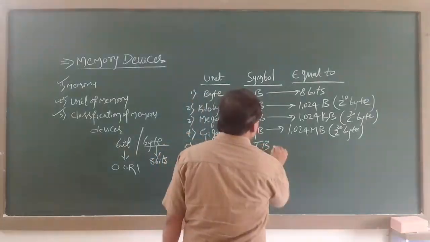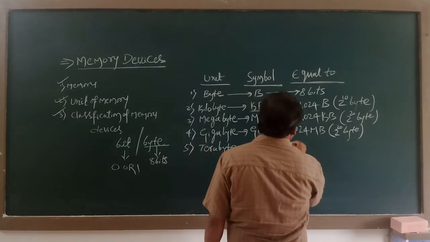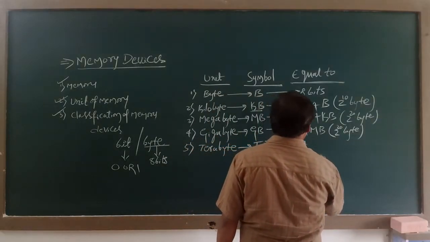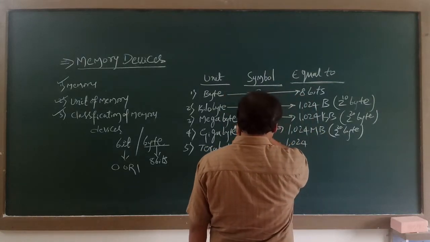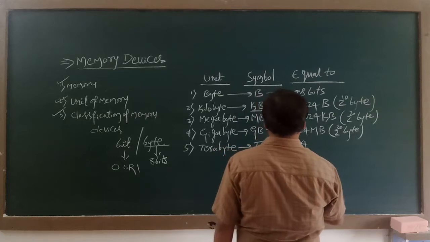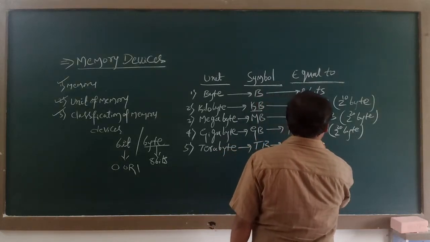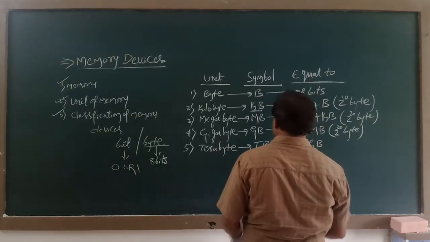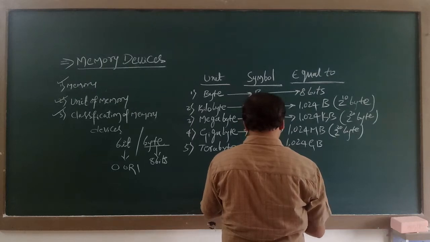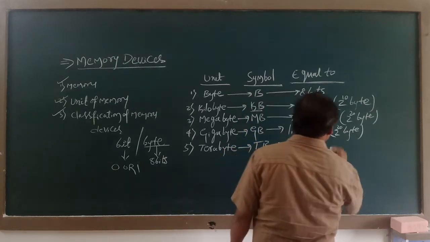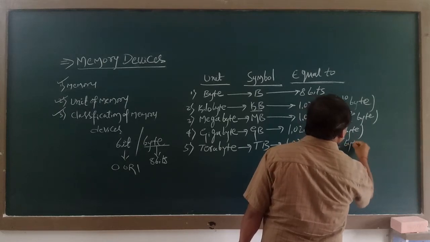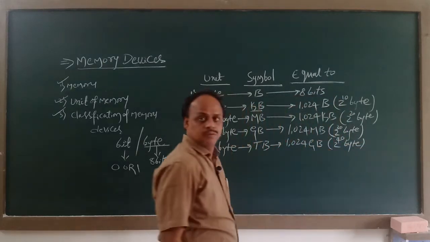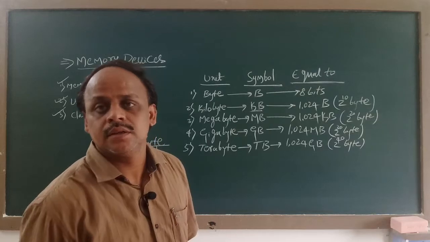TB, terabyte, is equal to 1024 GB, that is 2 power 40 bytes, right?